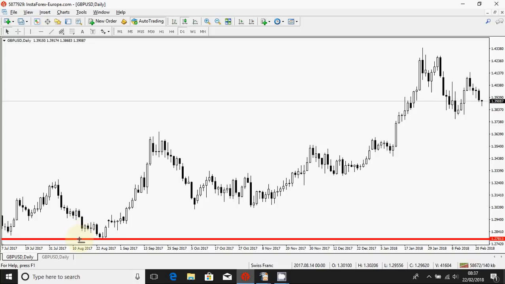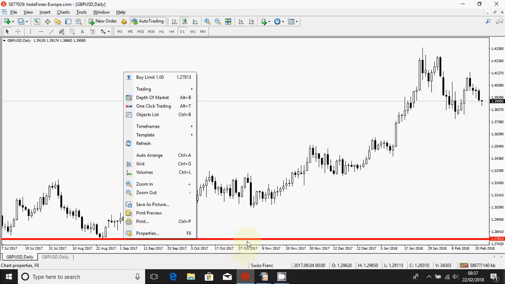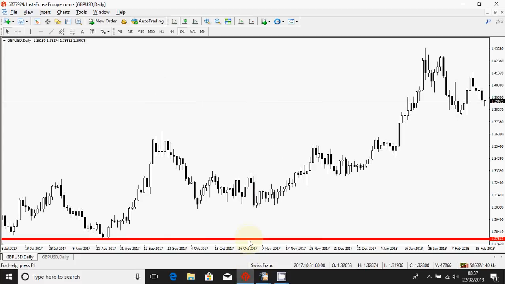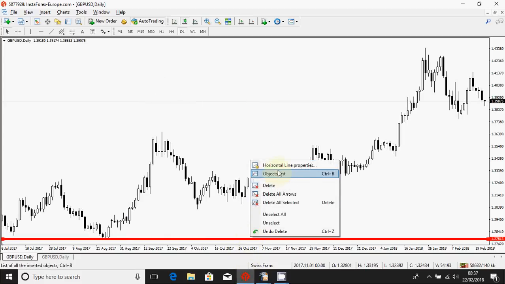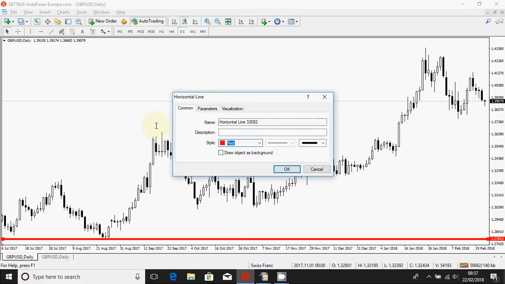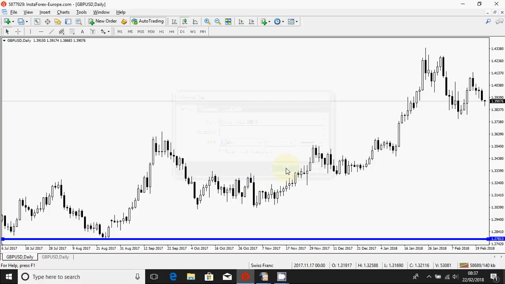If I put one here, let's change this color to blue for a support. Okay, so support is an area where price finds it difficult to break below it and it goes back up.